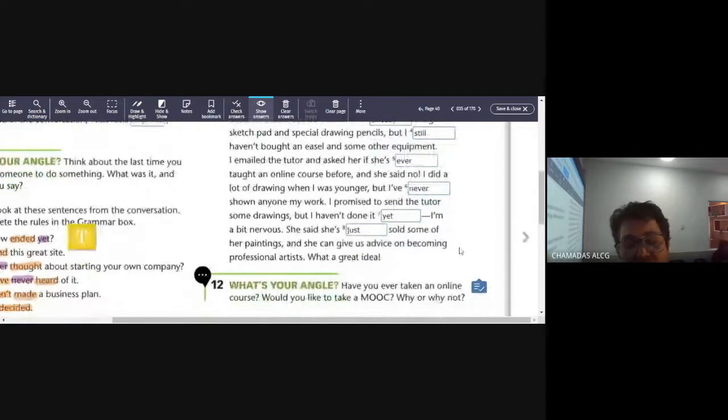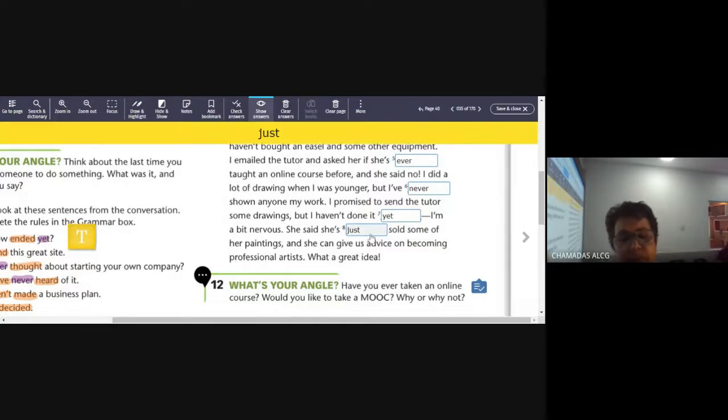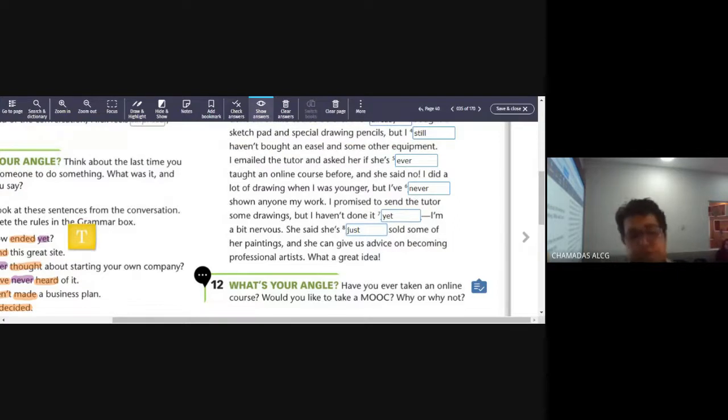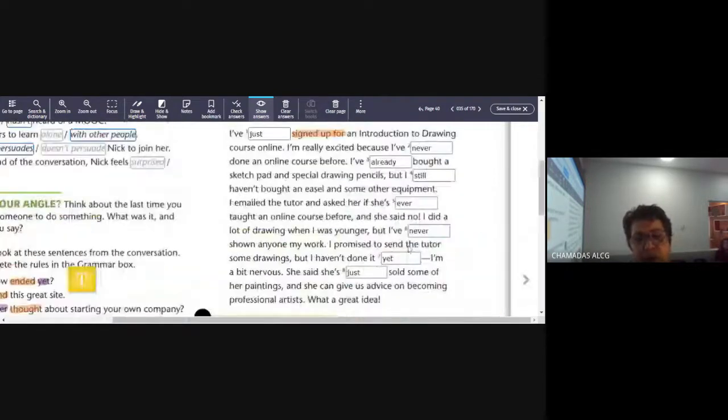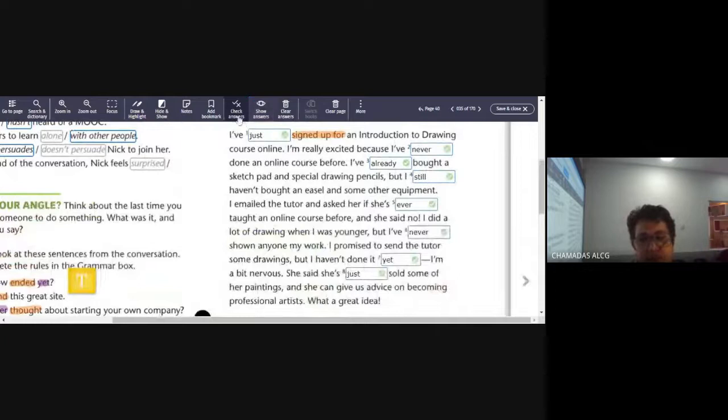You can say already. That's okay. It's a different idea, but it's totally right. She said she's already sold some of her paintings, but she can give us advice on becoming professional artists. So it can be already and it can be just, okay? No problem at all. All right, people, checking the answers. Everything okay?